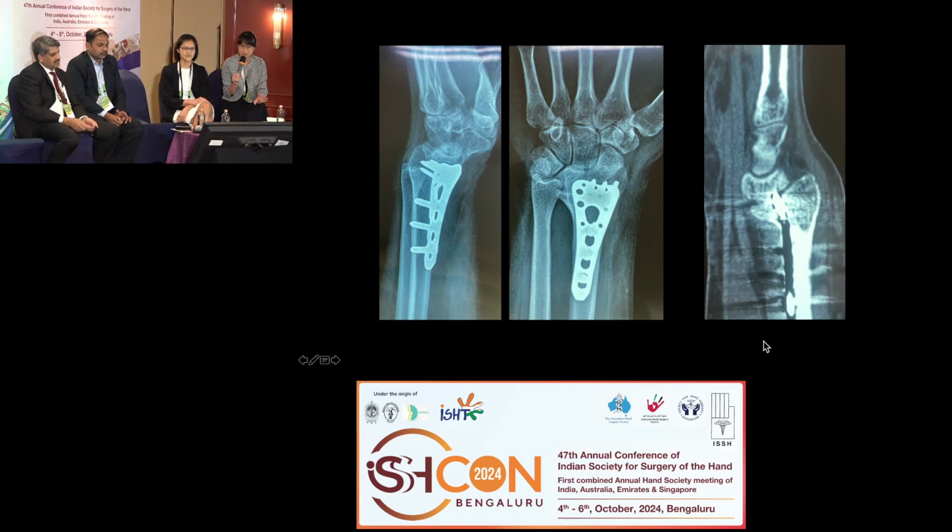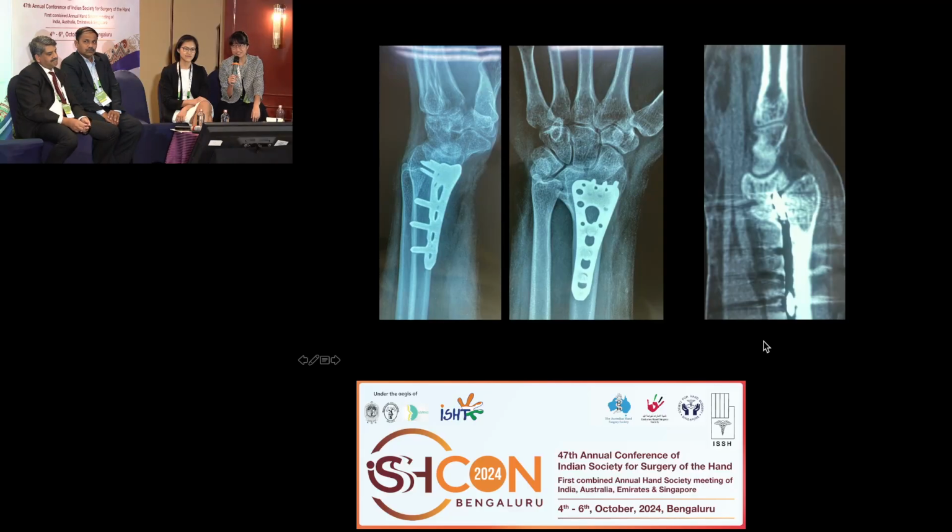We cannot forget about the DRUJ. It's obvious on the lunate fossa, the fracture has collapsed. And that's why the carpal bones are all overlapping with the implant. So first, more detailed scans, like a CT scan.